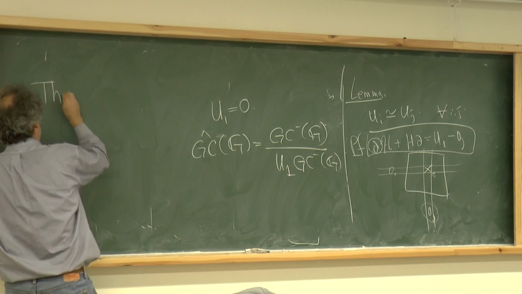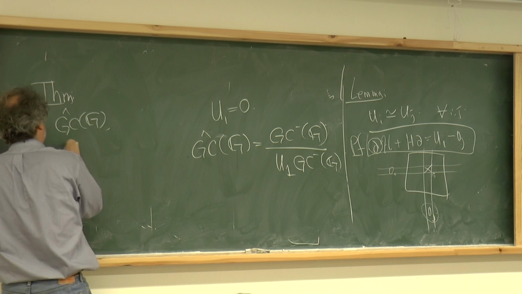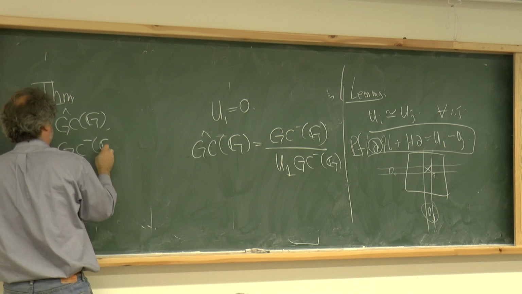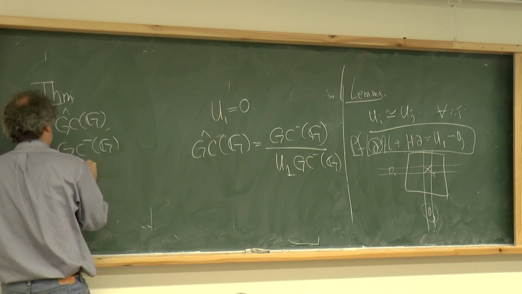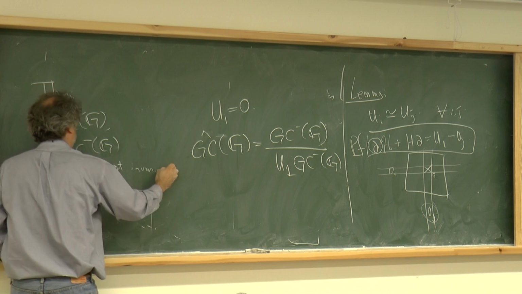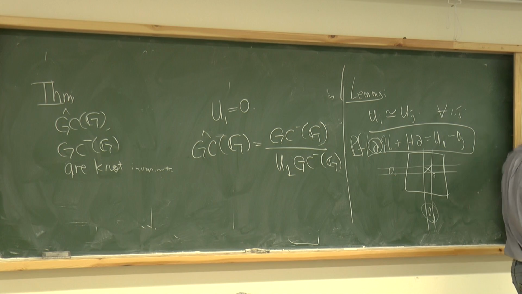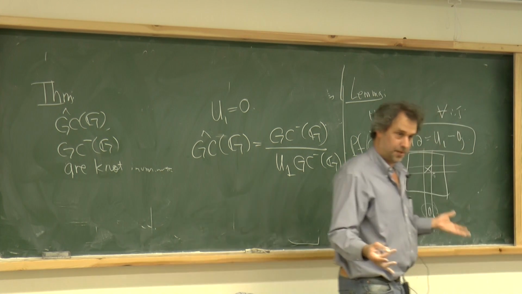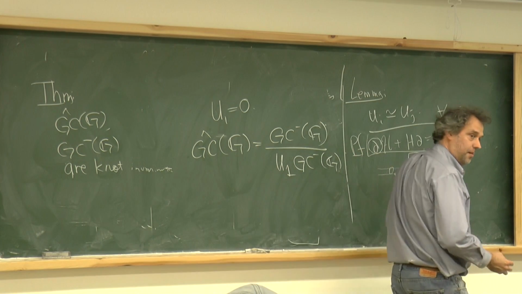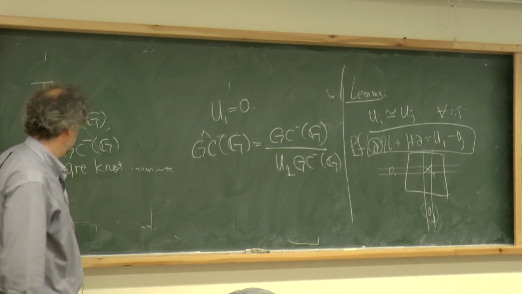So the theorem is that GC hat of G and GC minus of G are now invariants. And the relationship with GC tilde of G is that if you take this GC minus of G and you set U1 equal to 0 and U2 equal to 0 and UN equal to 0, then you get the chain complex I started with, GC tilde of G. Say again?